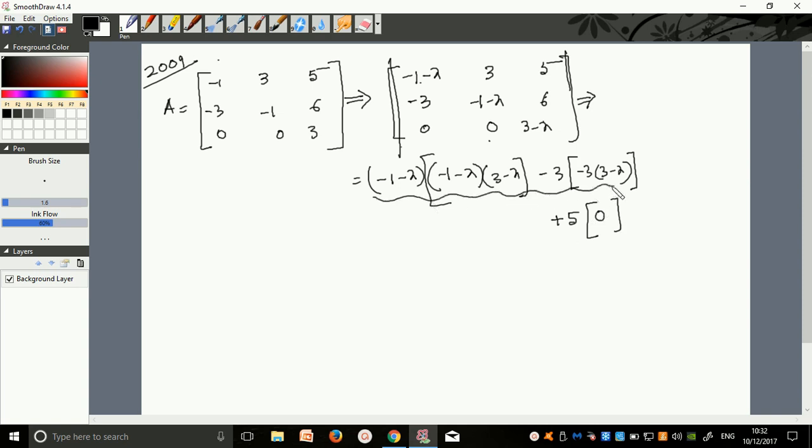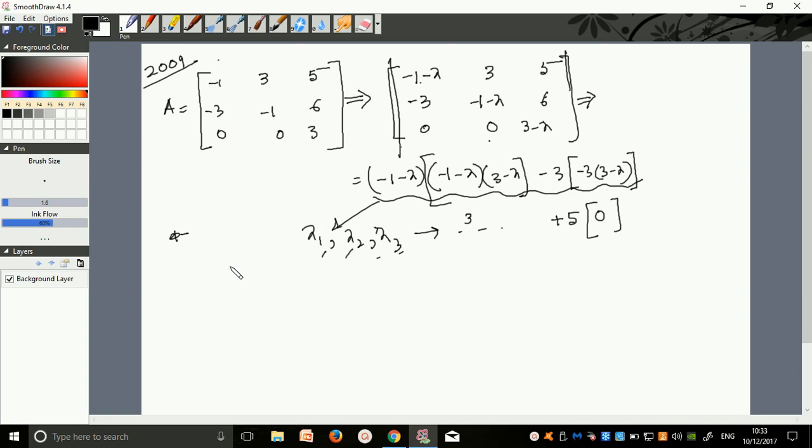Now you have to solve this equation and get some values. When I am multiplying all these terms, it will definitely give you a polynomial equation of third order, and therefore you will get 3 values of lambda.